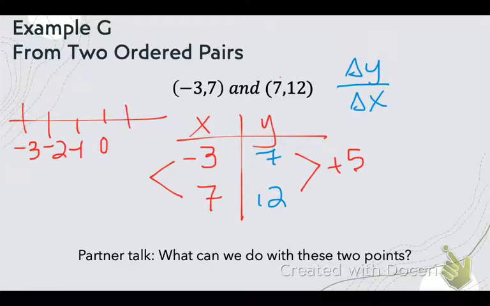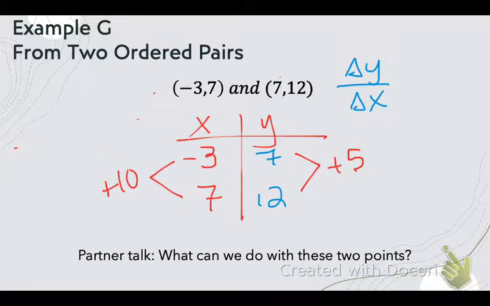So negative 3, and if you do that, you'll get positive 10. So my slope between these 2 points is 5 over 10. But I have to simplify that. They both can be divided by 5, and I get 1/2. So my slope for these two ordered pairs is m equals 1/2.